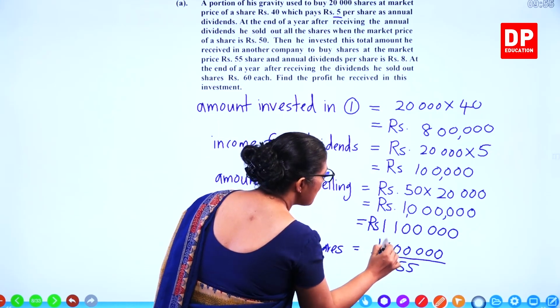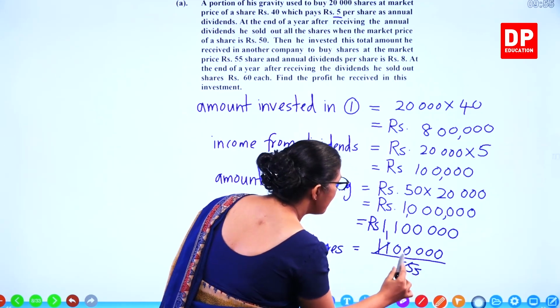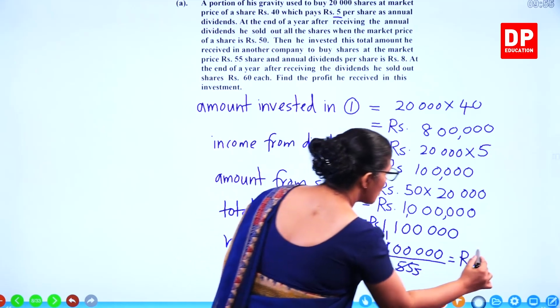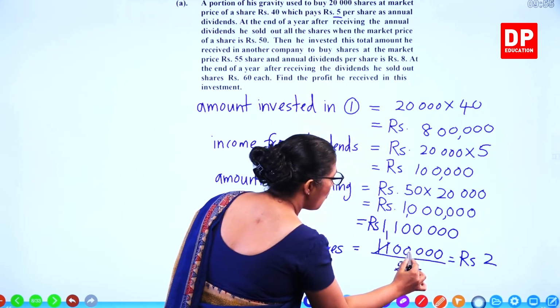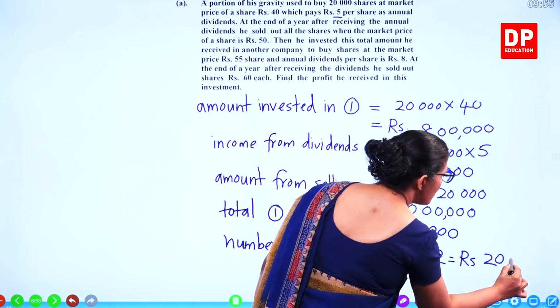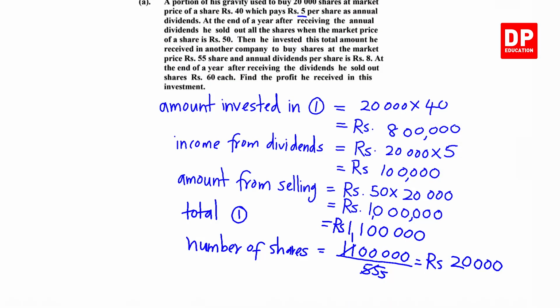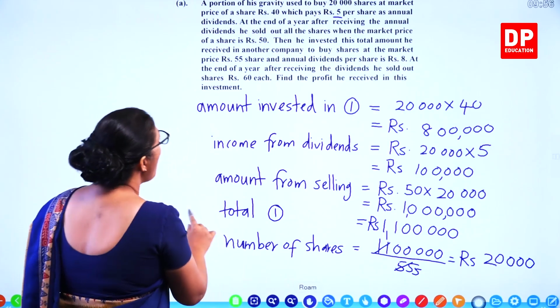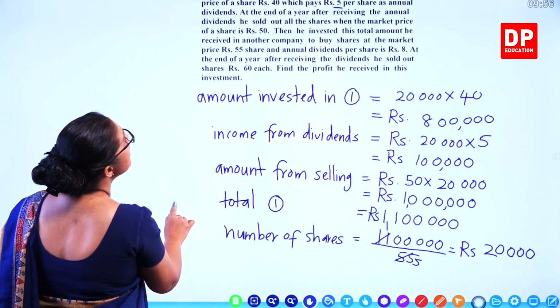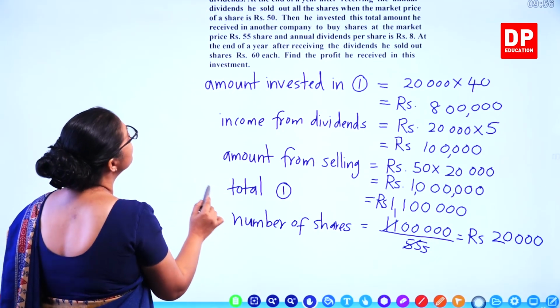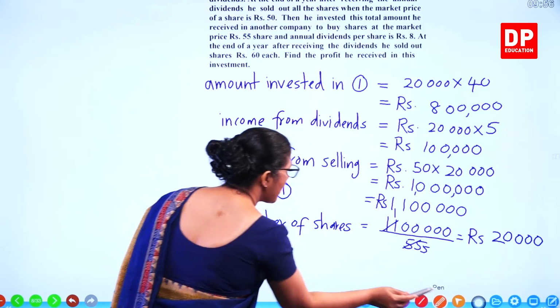So 11 times 5. Again 20,000 shares he bought. Then what's the dividend income from that company? Dividend income.